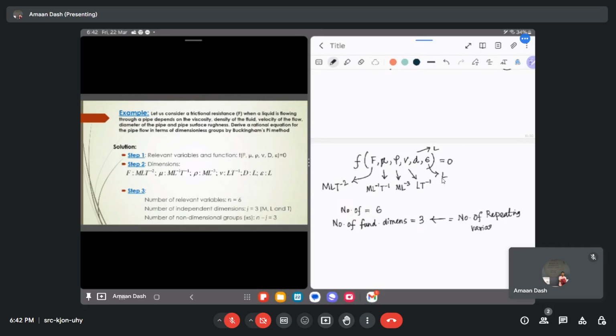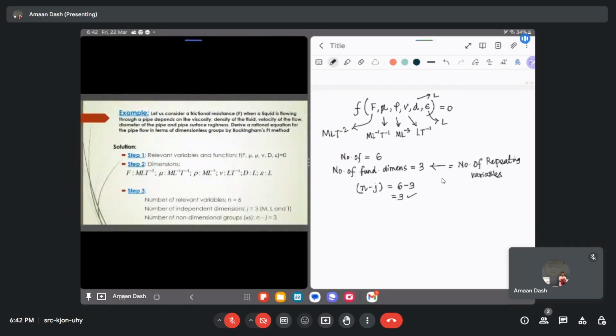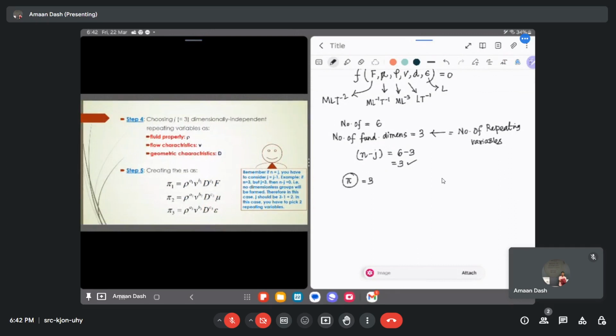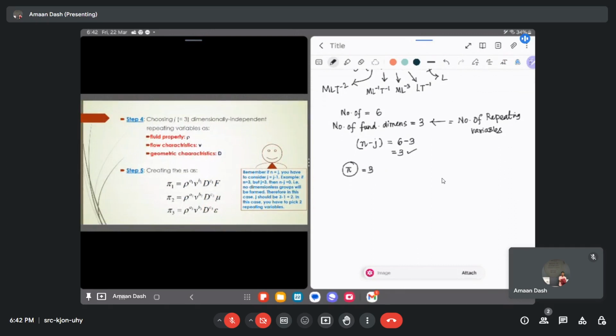Then the number of dimensionless groups will be n minus j, which is 6 minus 3, equal to 3. So we will be creating 3 non-dimensional groups, that is, the number of pies should be 3. So let us start. We have, let's say, pi 1, pi 2, and pi 3. These are the 3 non-dimensional groups.